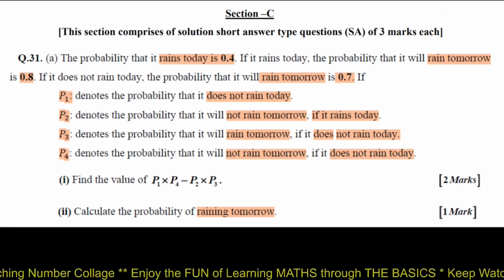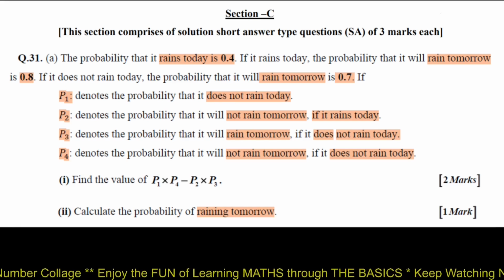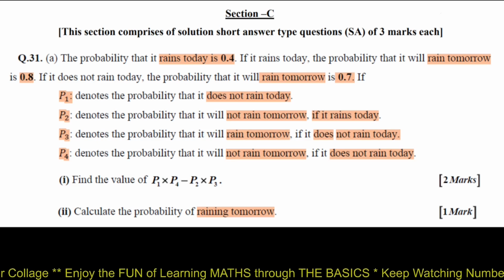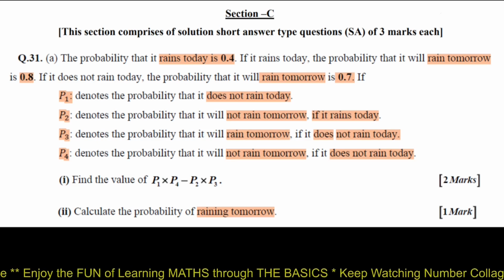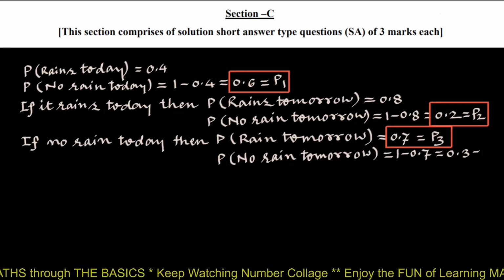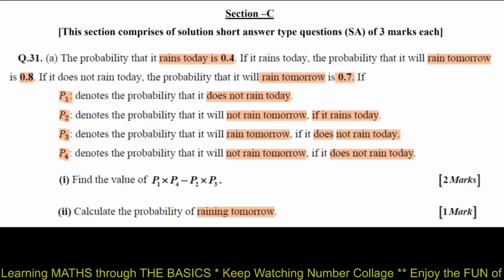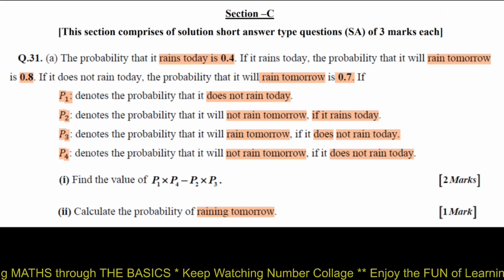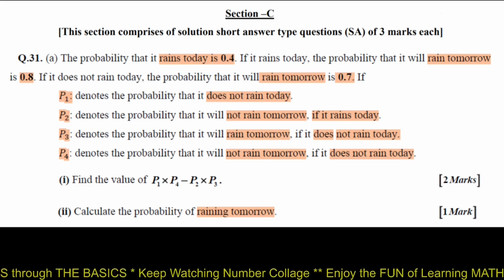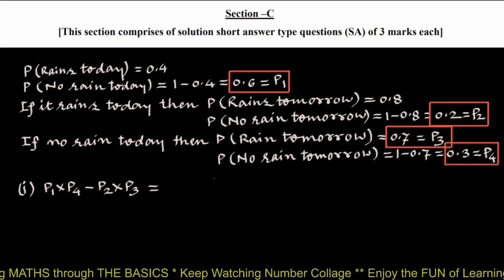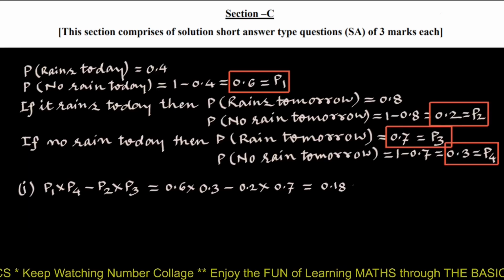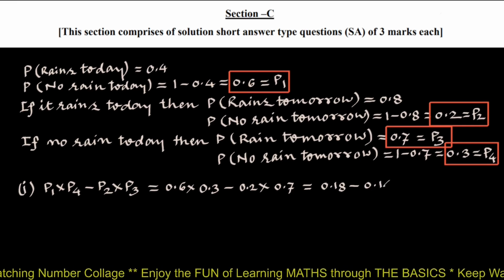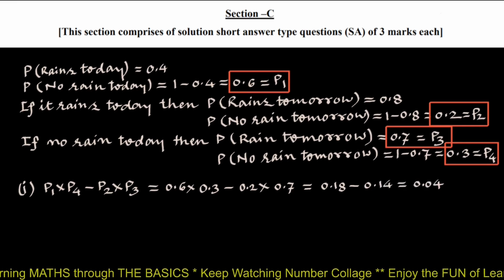And P4 denotes the probability that it will not rain tomorrow if it does not rain today, which means this 0.3 is P4. Question 1. We have to find the value of P1 into P4 minus P2 into P3. Putting the values, we get 0.18 minus 0.14, 0.04, the first answer.